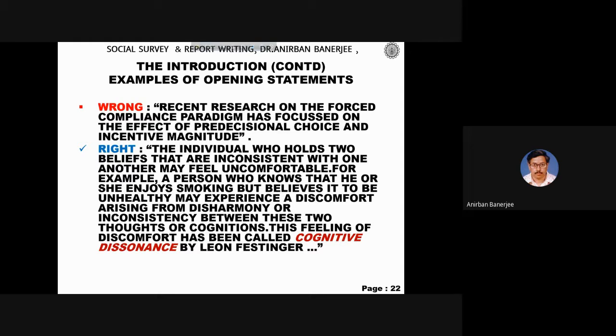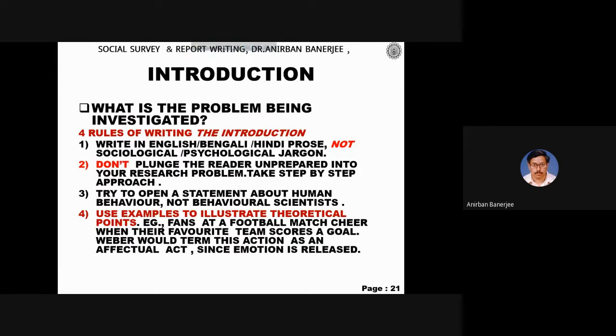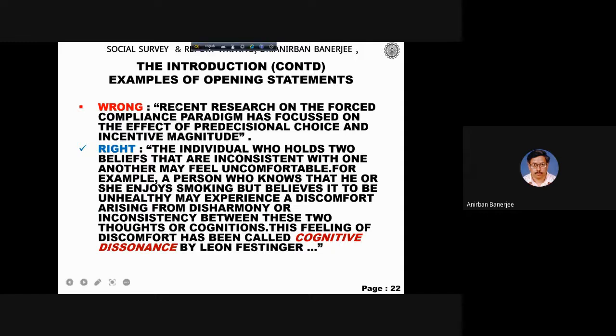Well, first let's look at this statement. Recent research on the forced compliance paradigm has focused on the effect of pre-decisional choice and incentive magnitude. Do you get it? Do you understand this? Well, I at least don't understand what the writer means.